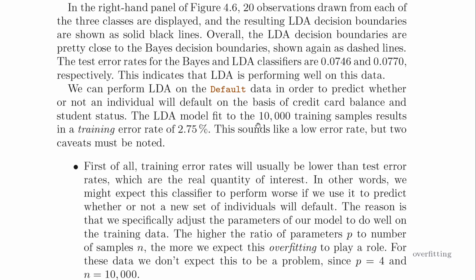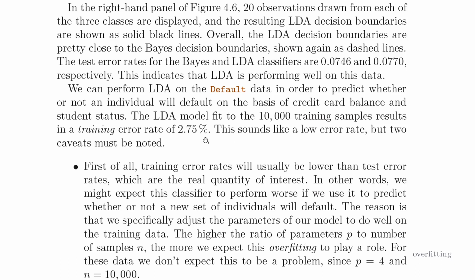The LDA model fit to the 10,000 training samples, these are just your observations, results in a training error rate of 2.75%. So this means, going back to the default data, the LDA only misclassifies 2.75% of the training set's data.